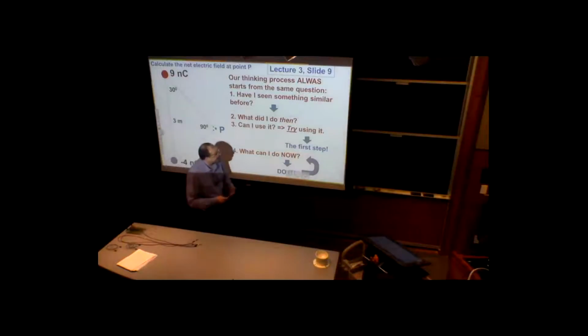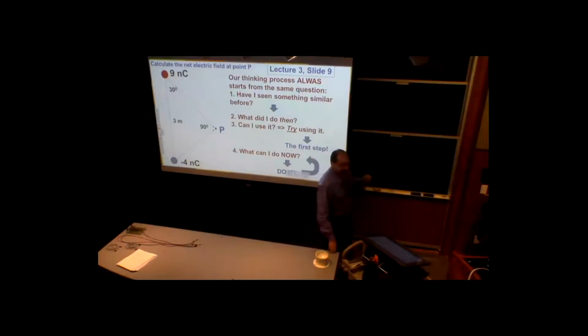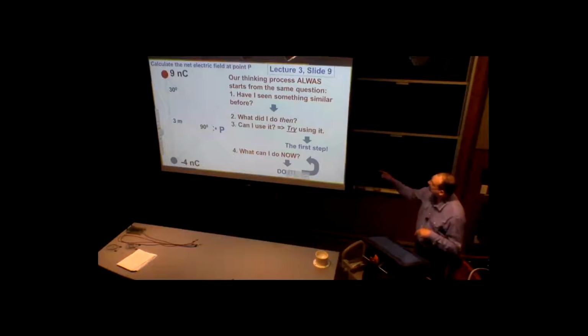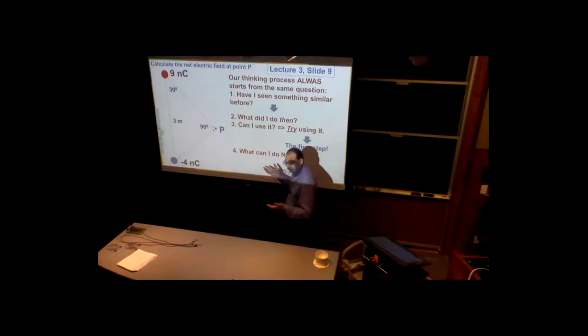Sometimes not. But we always have a starting point. So when a student tells me, I don't know what to do, he or she is lying. You know what to do. Go to lecture 3, slide 9, and follow the procedure. That's the rule. Try to remember something similar from the past.